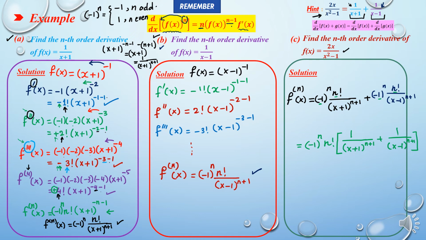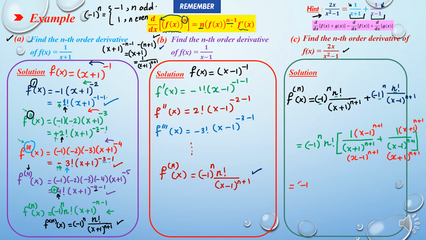Now you have to multiply the first one by (x minus 1) to the n plus 1, and in the second one multiply by (x plus 1) to the n plus 1, to get like denominators.